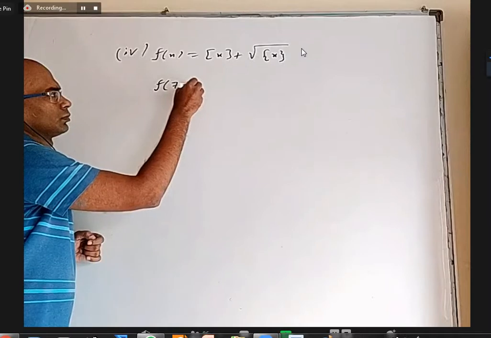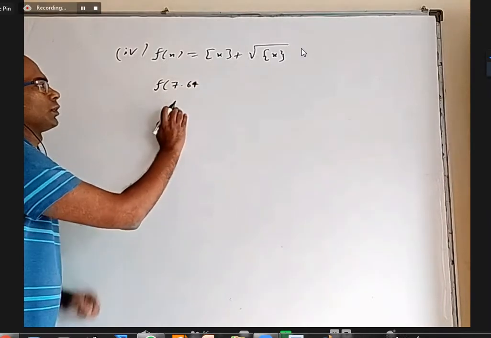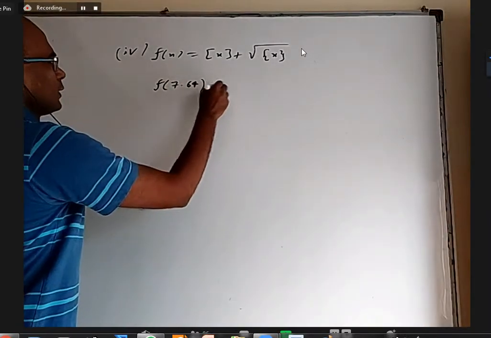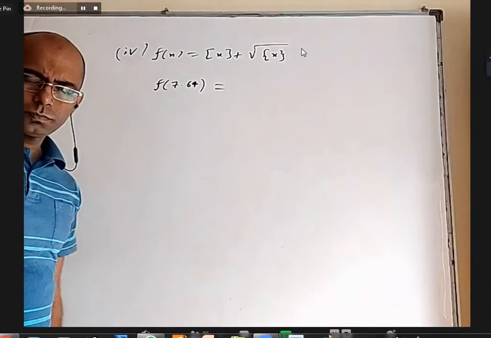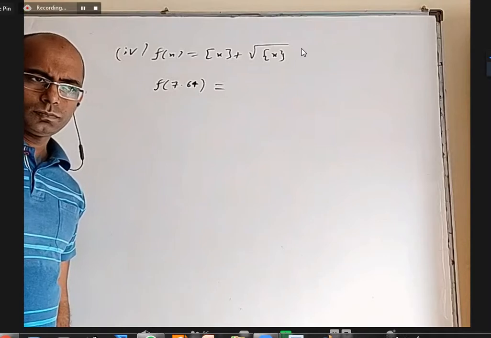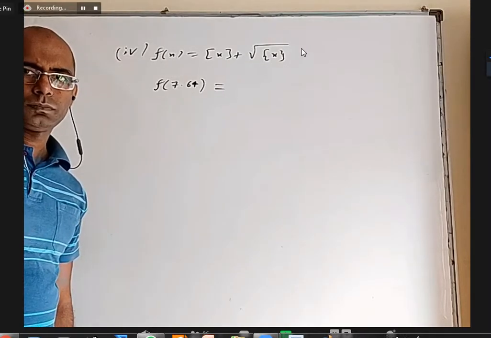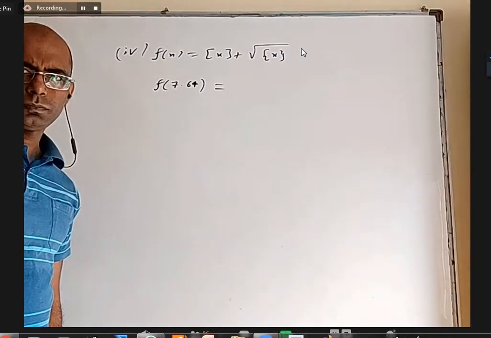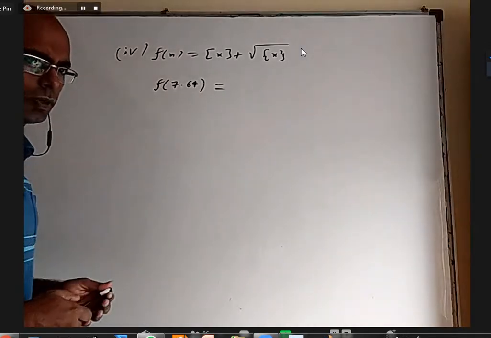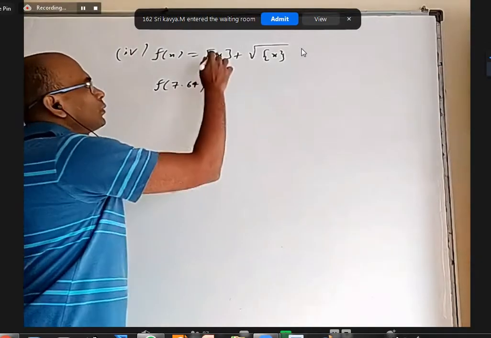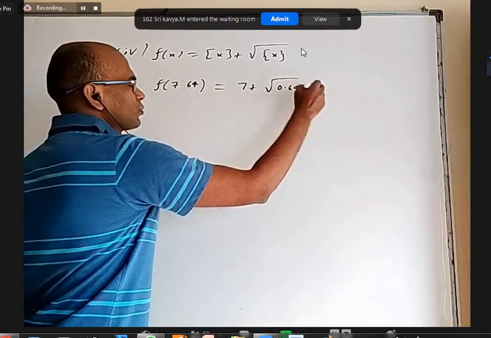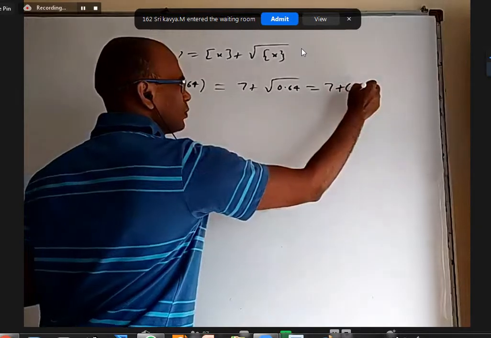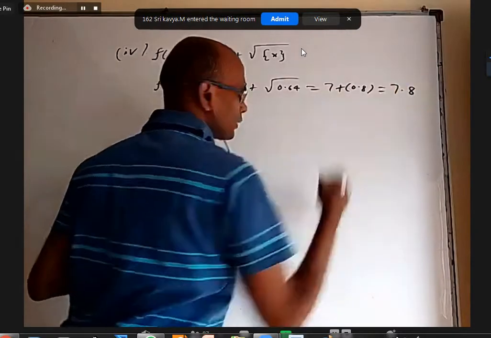7.64, anybody want to tell what will come? 7.8, yes. Because integer part of that is 7 and this is root over 0.64, which is 0.8, so 7 plus 0.8, which is 7.8.